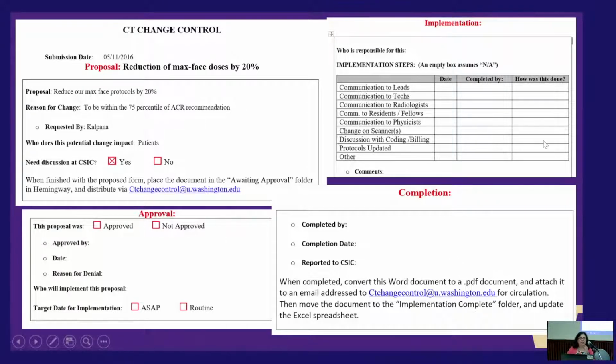And if this happens during the formal review, but during the year, if I want to change something, I just do this and I send it to the email address, CT Change Control, and then we make a decision either through email if it's simple, or we have a quick meeting to talk about it. So not only doing the protocol review with everybody, but then actually having a formal process of implementing the change is incredibly important to do as well.